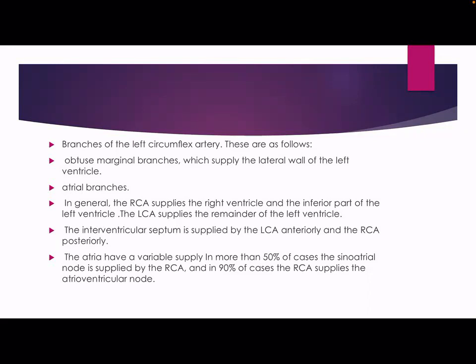Anterolaterally, the papillary muscle is supplied by the left anterior descending and left circumflex arteries. So it has a dual supply, and this makes it resistant to ischemia. While posteromedially, the papillary muscle has only one supply from the posterior descending artery, and this makes it more liable to ischemia and subsequently mitral regurgitation.